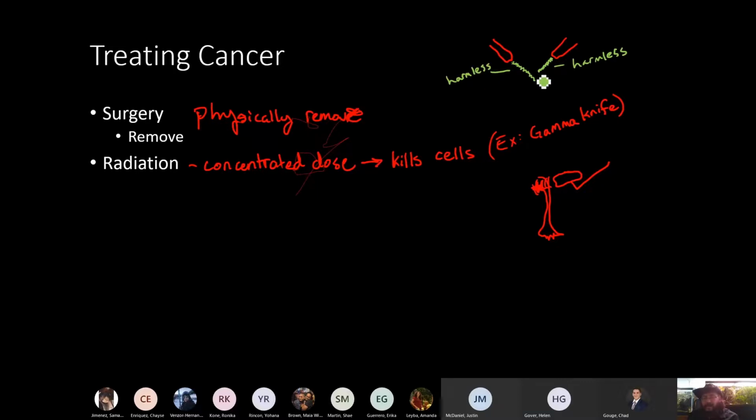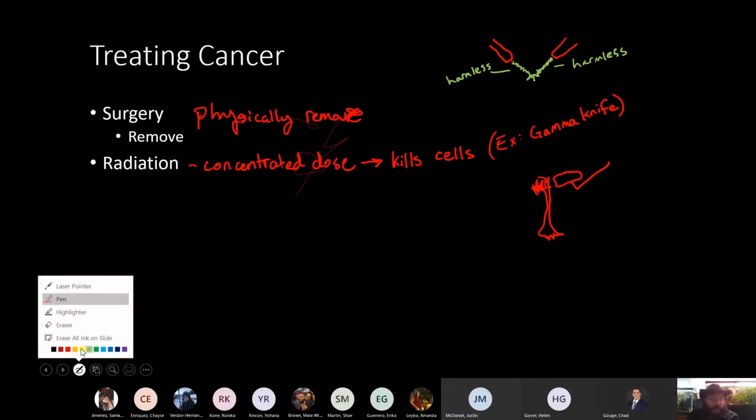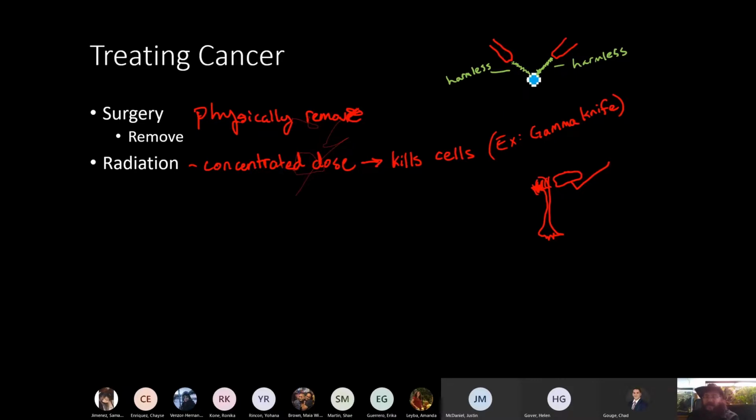But where the little emitters have a crossover, that's powerful enough to kill cells.